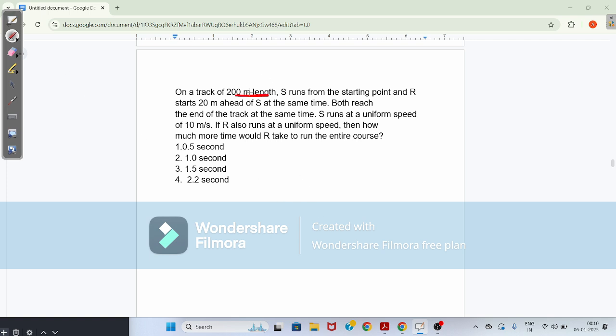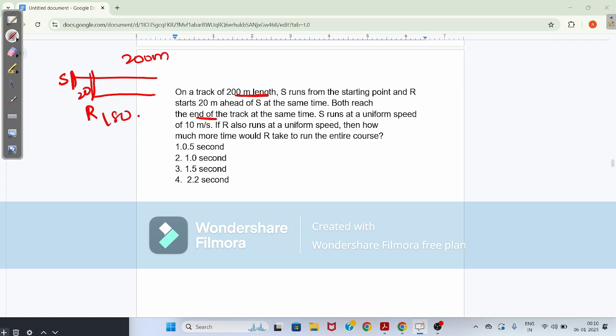On a track of 200 meters, this is the track. S runs from the starting point and R runs 20 meters ahead of S, meaning this is the starting point of R. The distance covered is 20 meters ahead, so for S it is 200 meters and R runs 180 meters.